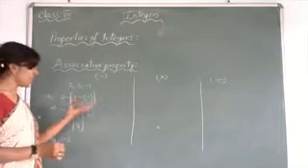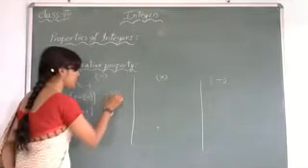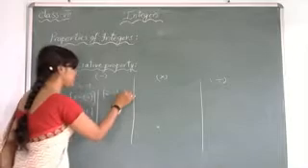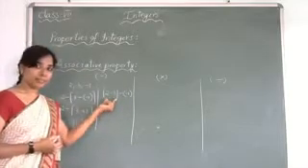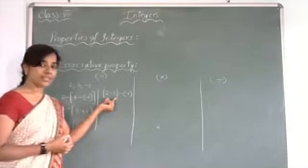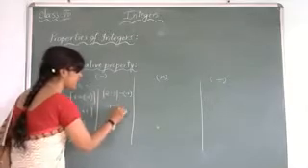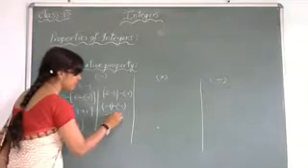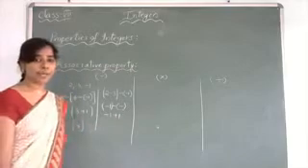So this is one way. In another way also we do the subtraction. 2 minus 3, now we keep the bracket here, then minus of minus 1. In the bracket, first we simplify 2 minus 3, which is minus 1. Again minus of minus 1, so minus of minus becomes plus.